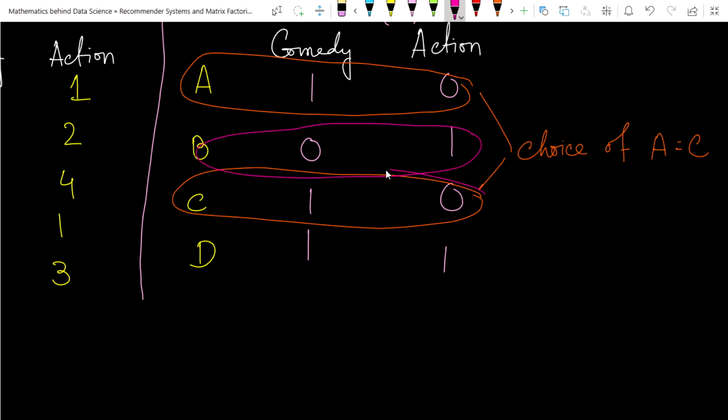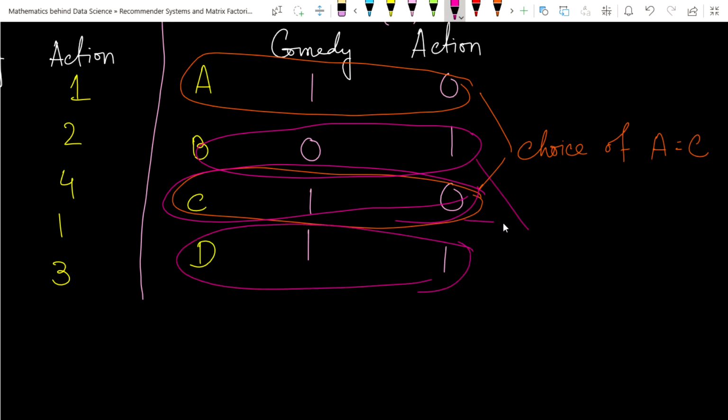B's choice plus C's choice is the same as the choice of D. From these two things we can conclude that choice of B and C equals choice of D.